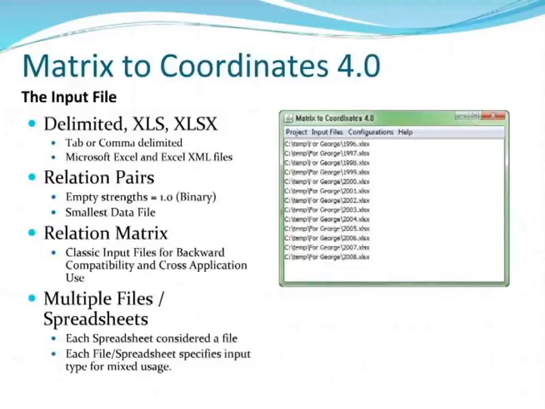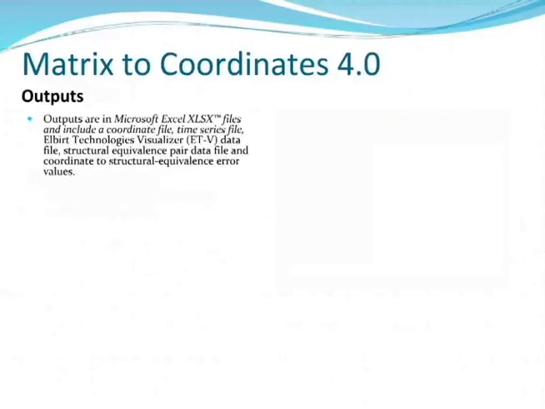Of course, help and documentation are available. I highly recommend reading the documentation. It'll give you great insight into the various options. The input file, again, can be delimited, XLS or XLSX. It's either relation pairs or it's a relation matrix.